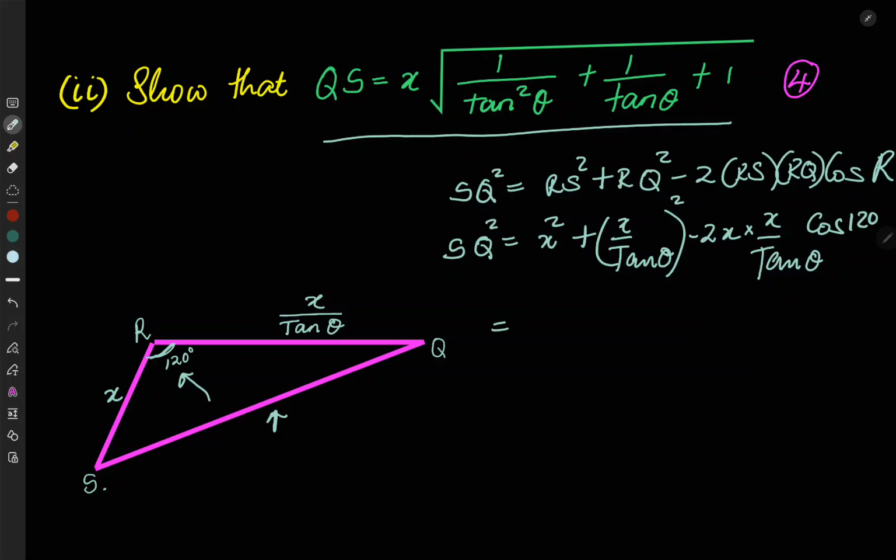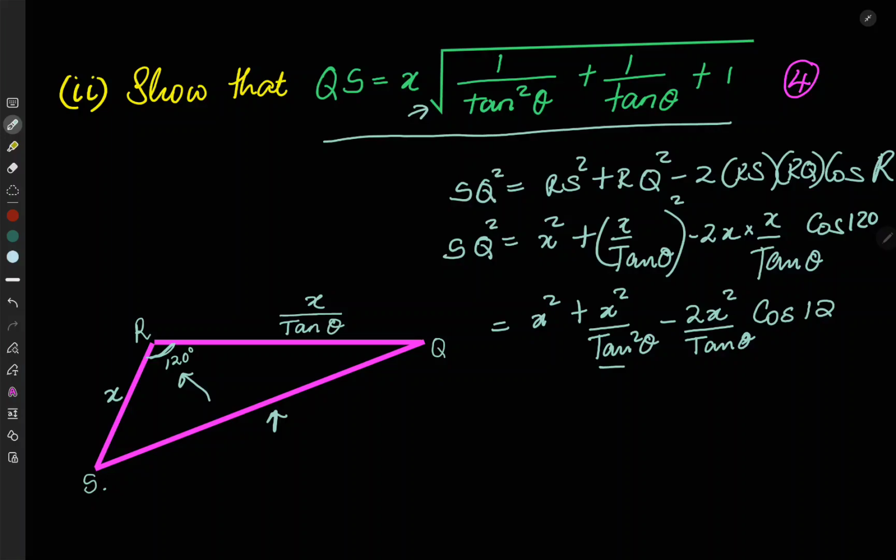Then this can be simplified further to be x squared plus x squared over tan squared theta. And you can see already this is looking like what we want to find, that QS there. Then minus this multiplies x times x squared, then divided by tan theta, then cos of 120.